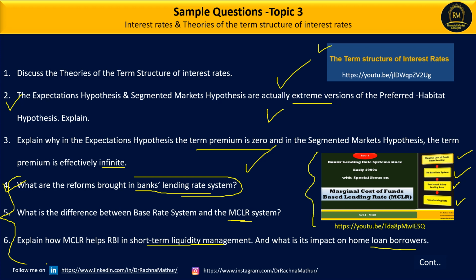I've also explained the impact of MCLR on home loan borrowers and how it helps in short-term liquidity management of RBI. So you can see these videos and understand the MCLR and the reforms in the bank lending rate system.